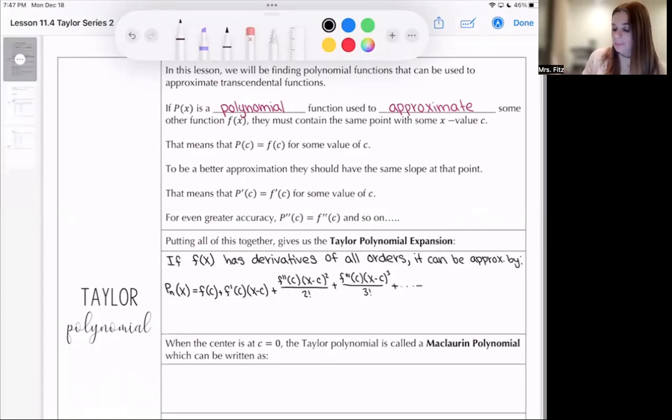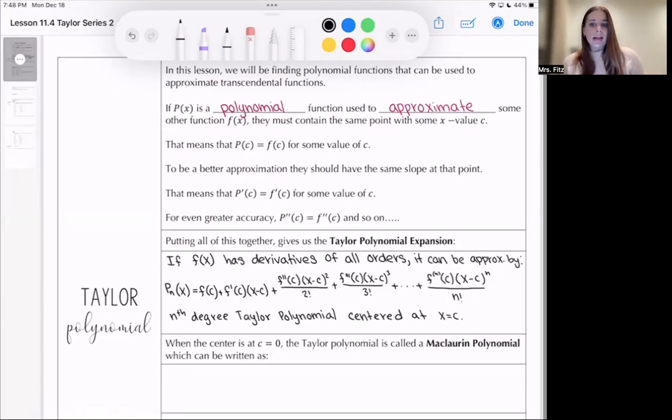It's that pattern. So we have the nth derivative of f at c, times x minus c to the n, all over n factorial. And this is called an nth degree Taylor polynomial, and it's centered at the c of our choice, at x equals c.